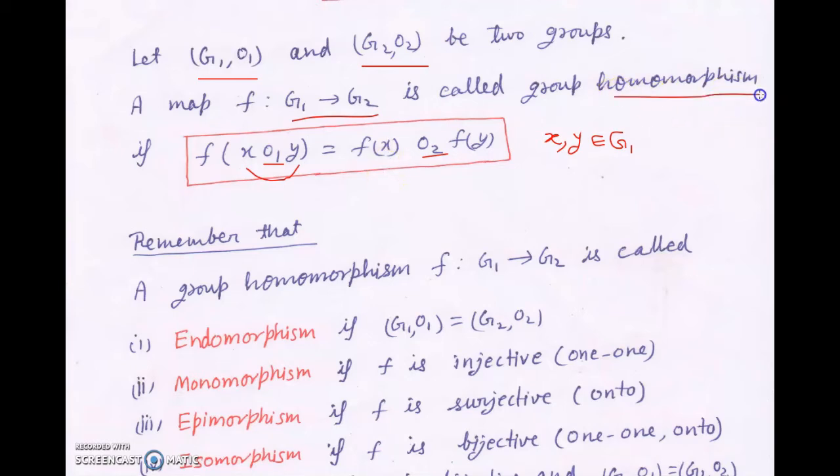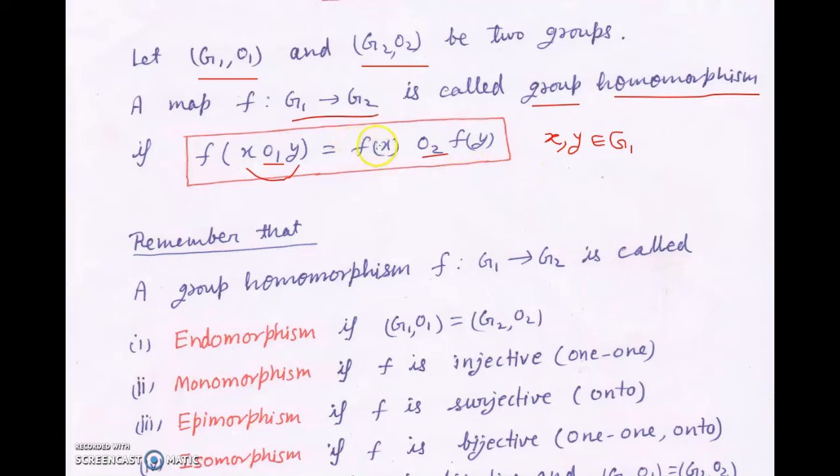This word homomorphism you will see in several places, like ring homomorphism. Ring homomorphisms are structure preserving maps of rings. Field homomorphisms are the structure preserving maps of fields. Similarly, vector space homomorphisms are the structure preserving maps of vector spaces, and group homomorphisms are the structure preserving maps of groups.